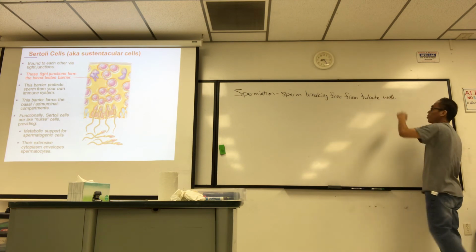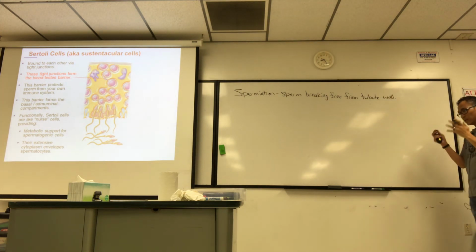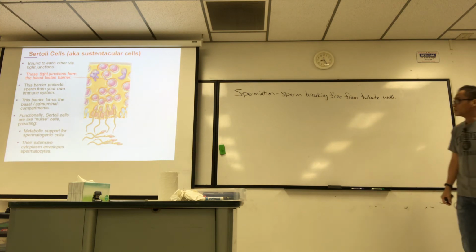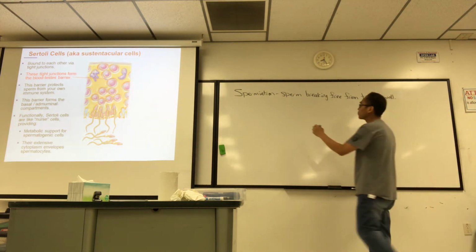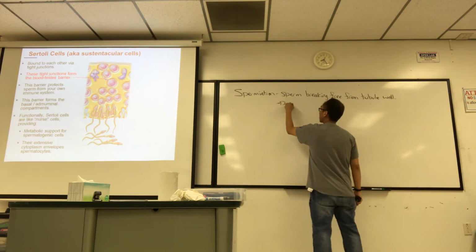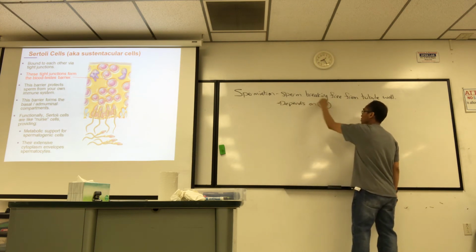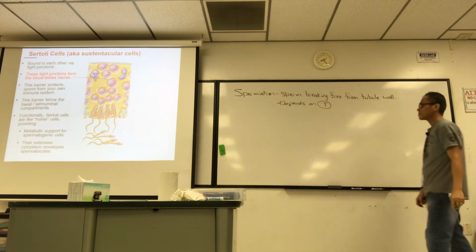And we know where they go. We went through the whole male duct system. Seminiferous tubule, rete testis, efferent ductules, epididymis, vas deferens. Went through that whole song and dance, right? We know where sperm can go. But them breaking free is dependent upon testosterone. I abbreviate testosterone, capital T, sometimes.